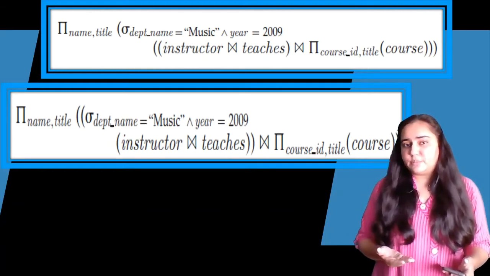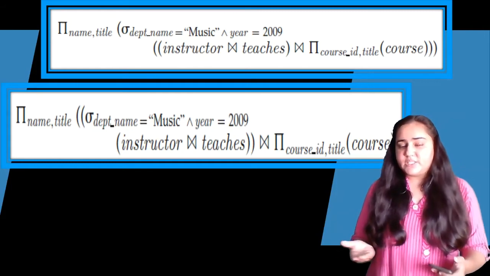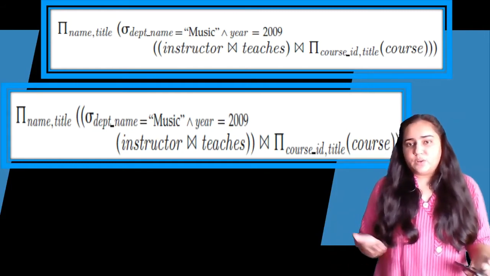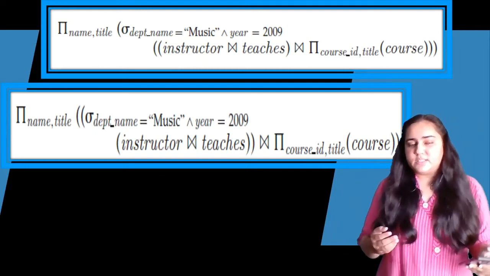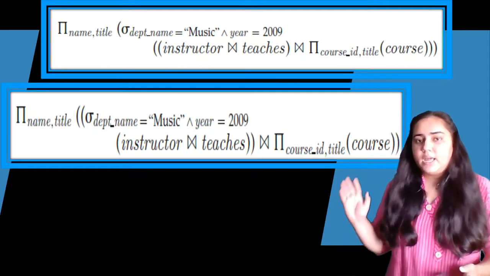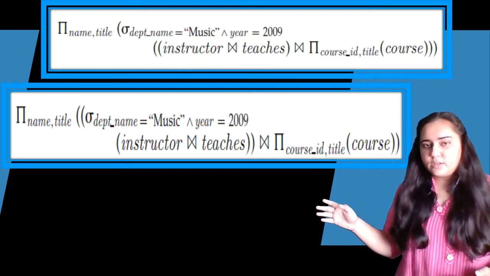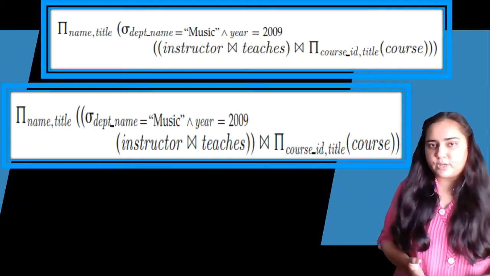The reason for this being, instructor contains the department name column and teachers contains the year column. So I do not need the course table in order to perform the sigma. So first I'm applying sigma on instructor natural join teachers and pi on course, and then taking a natural join. So it's just a different order of operations.